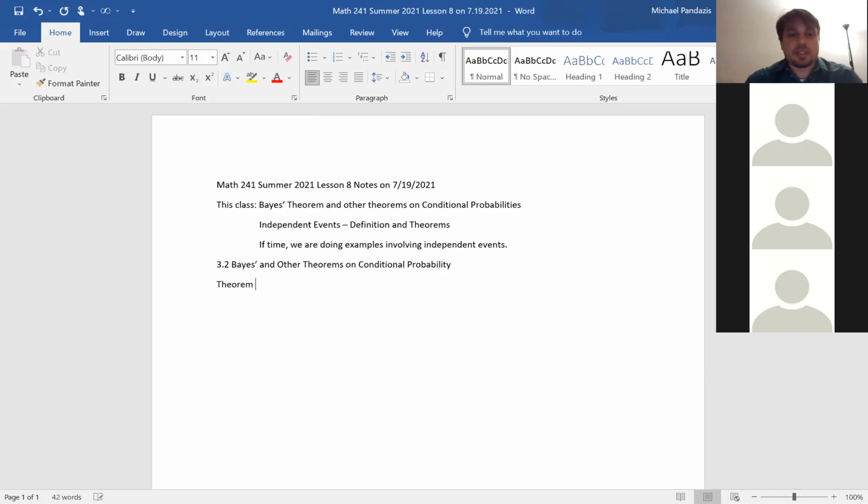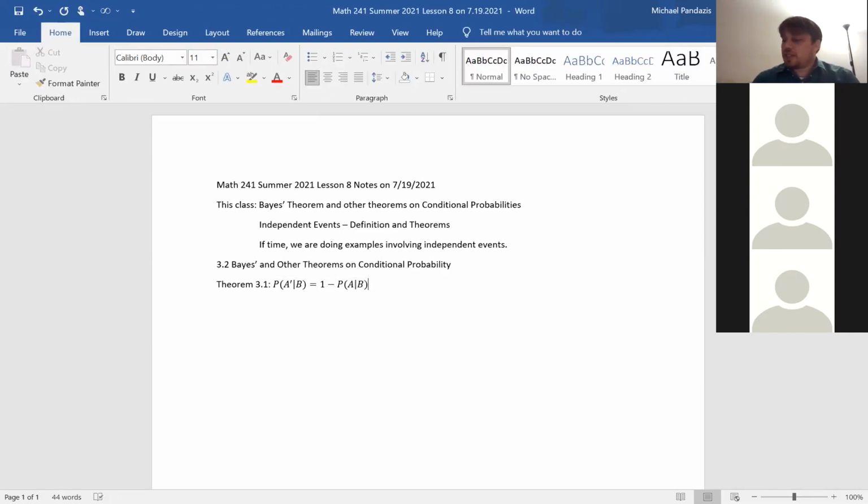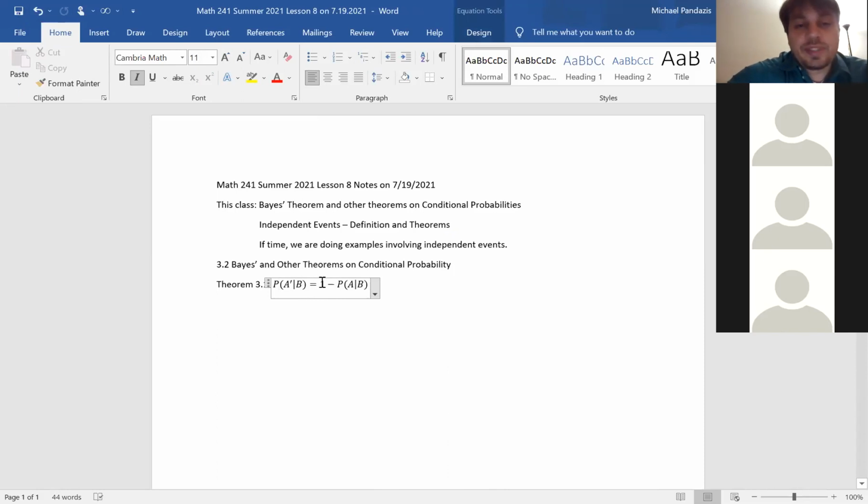Okay, so we have theorem 3.1, which is the probability of A prime given B is equal to 1 minus the probability of A given B. So the theorem says the probability of the event A prime given B is equal to 1 minus the probability of A given B.